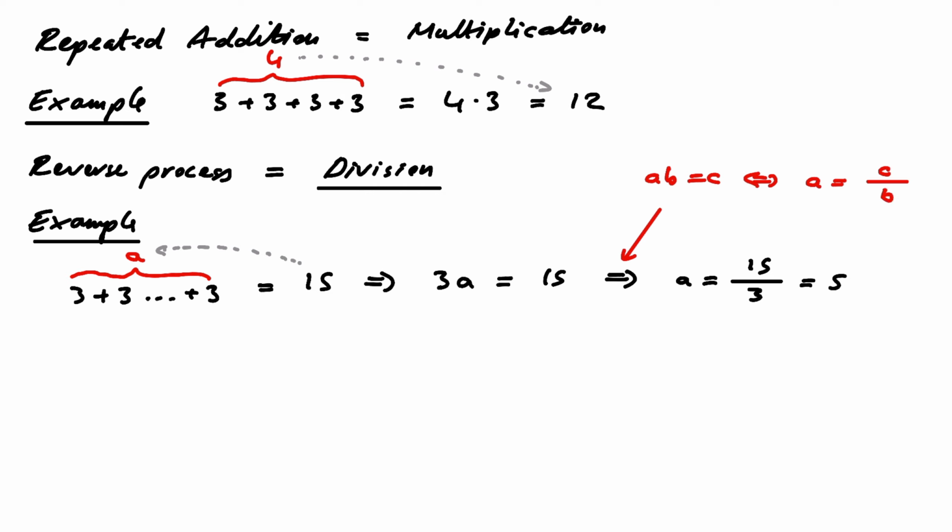It's an if and only if condition, assuming B is non-zero. We have to be a little bit careful, otherwise things can go wrong. And here B is 3, so it's non-zero. Very good. I'm being really careful about making sure every step is a very simple principle of algebra. So that's addition: repeated addition is multiplication, and the reverse process is the reverse of multiplication, which is division.